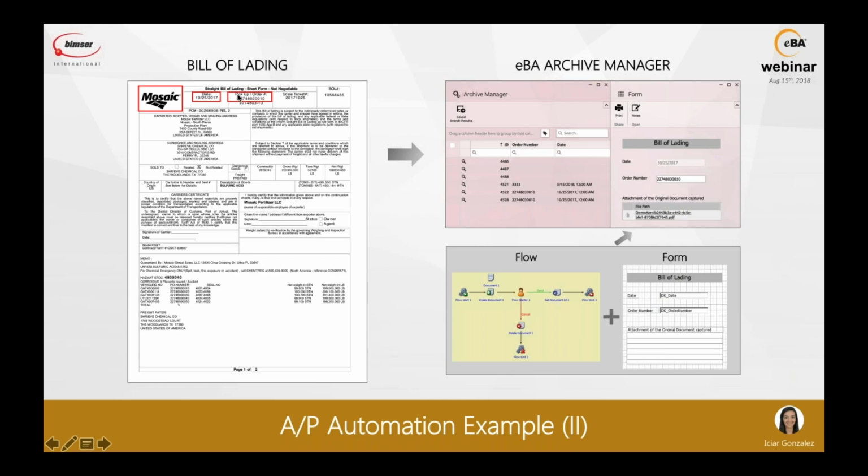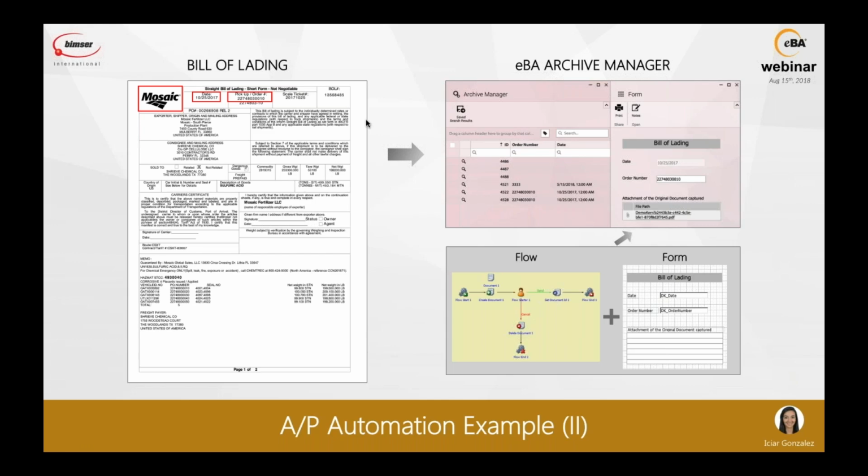These are the only two fields that we need from this document in order to store it within eBA. So we're going to make sure that this bill of lading is recognizable because this is from the company Mosaic. We're going to be creating one form within eBA and also a workflow associated with it.